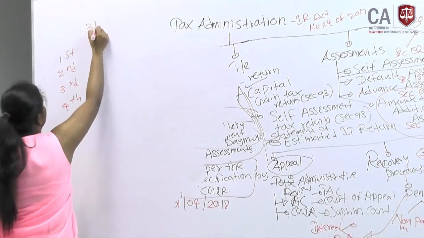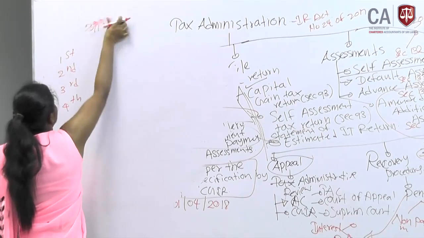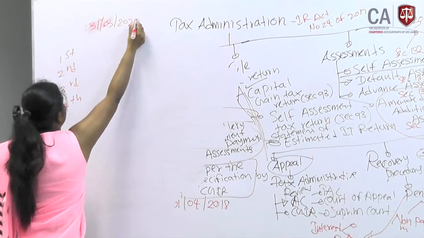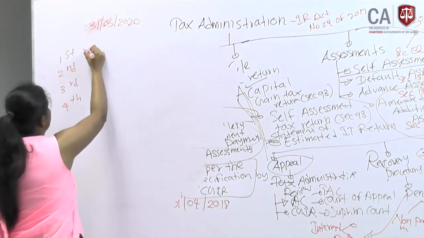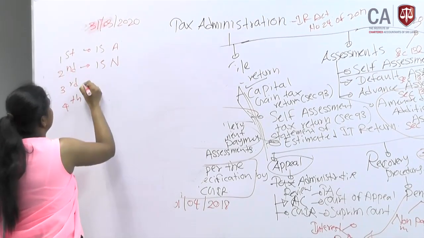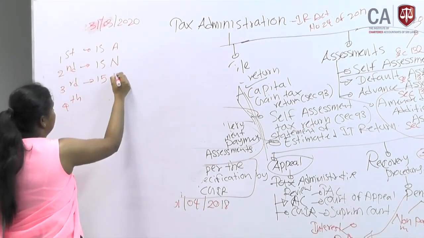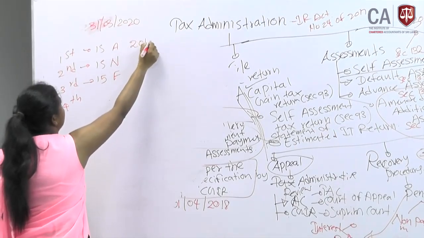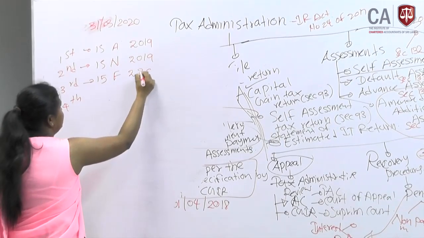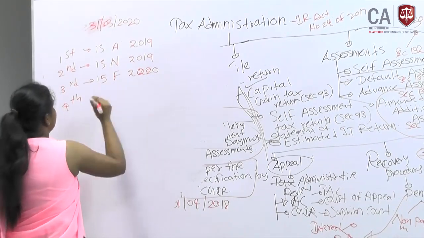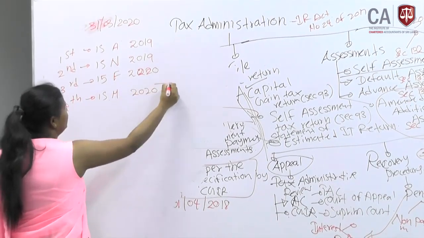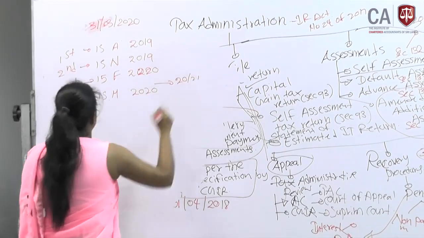For the year of assessment ending on 31st March 2020, he has paid on 15th August, 15th November, 15th February, which is 2019 to 2020, and the fourth is on 15th May 2020, but in a different year of assessment he makes the payment.